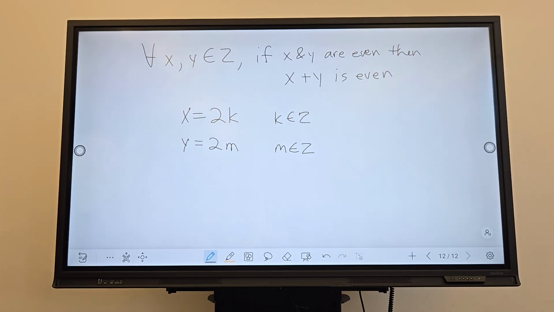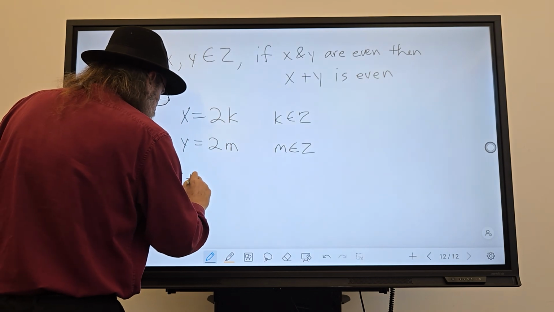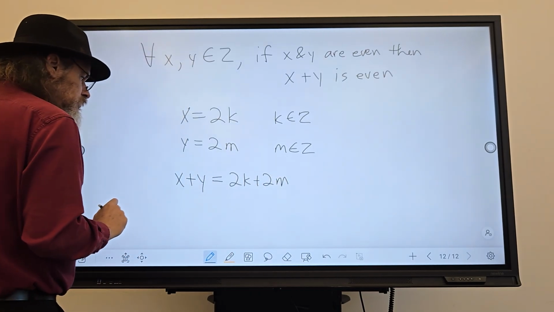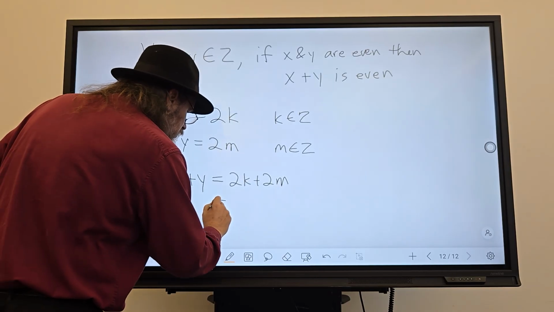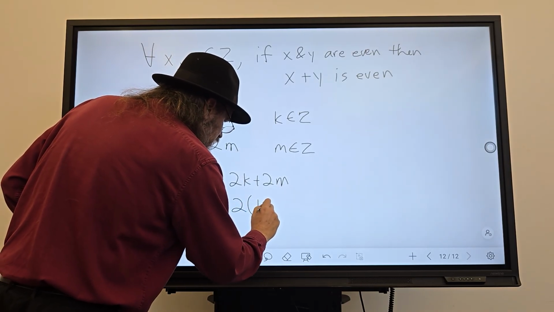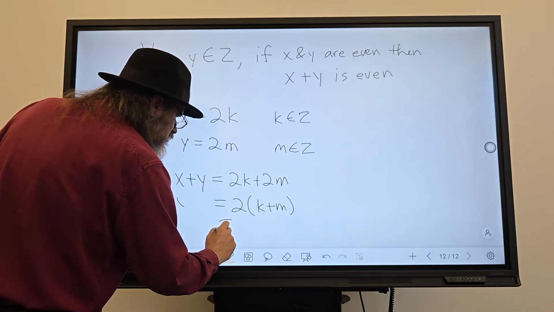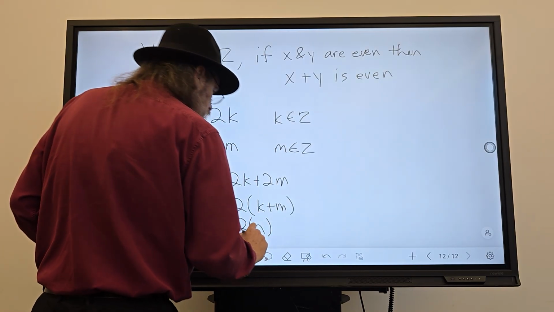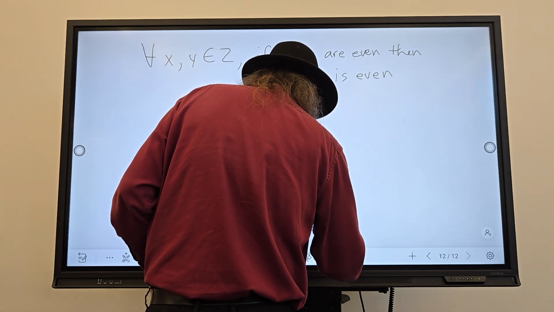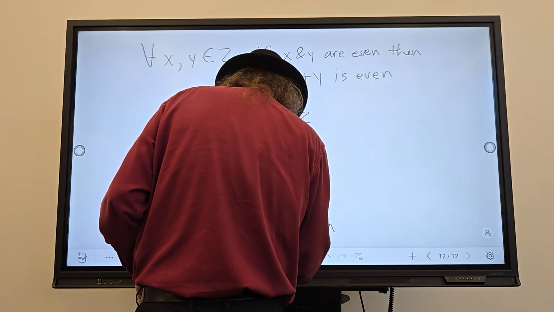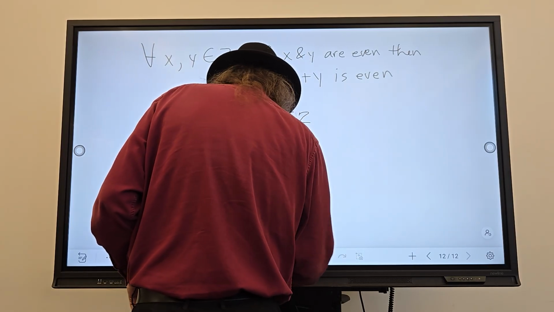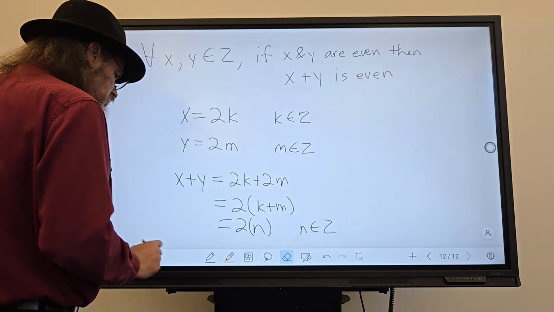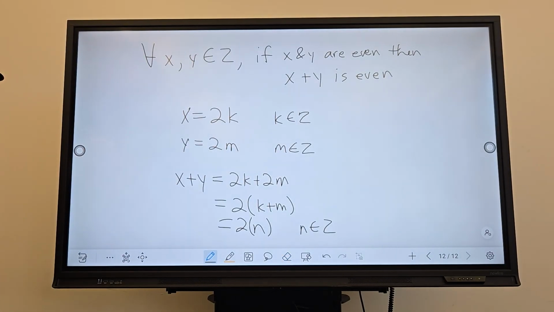So x plus y would then be equal to 2k plus 2m, and that's equal to 2 times the quantity k plus m, and n is an integer, because addition is closed to integers, so n is an integer.